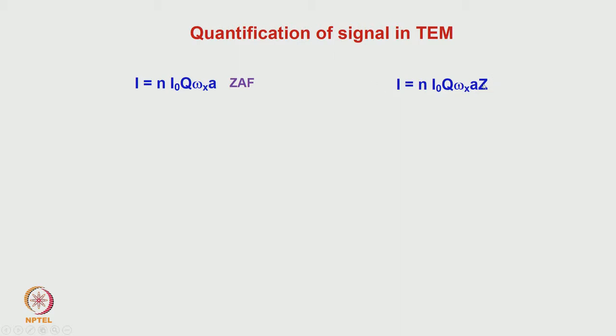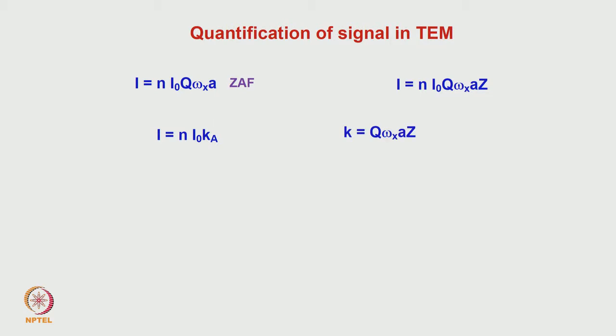This is the expression which gives the intensity of the signal which is going to reach the detector. Here we can write N, I0, Q, all these terms put together as a factor Ka for the specific element, or we can call it K.